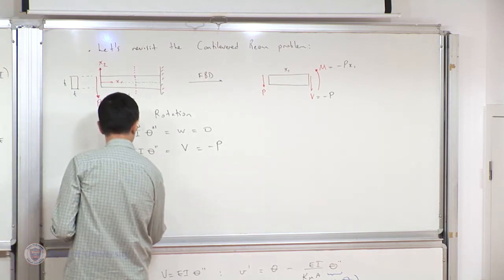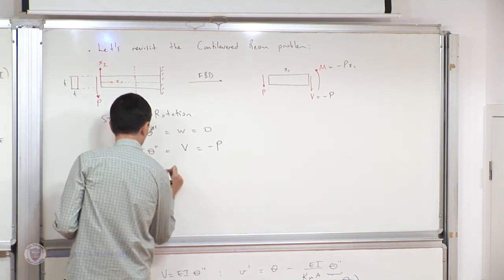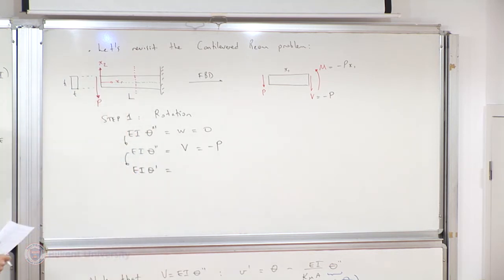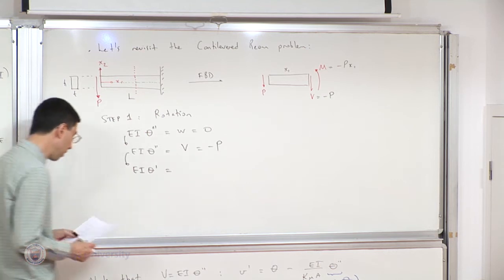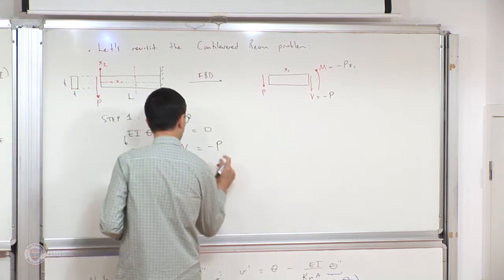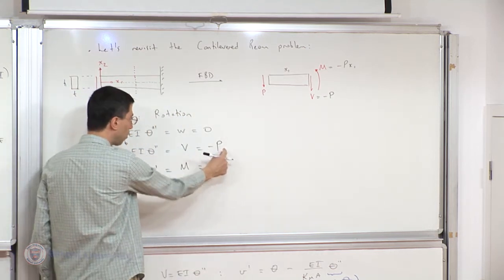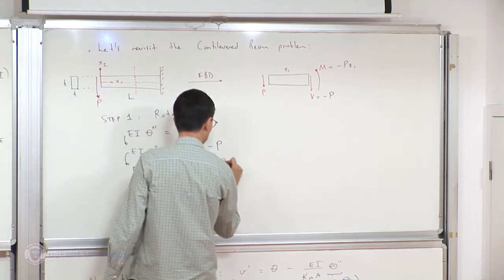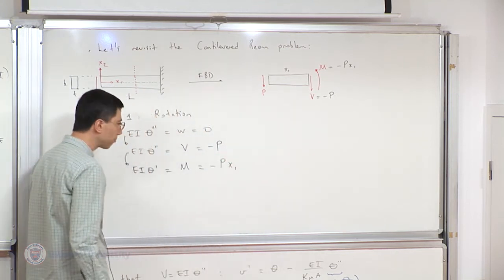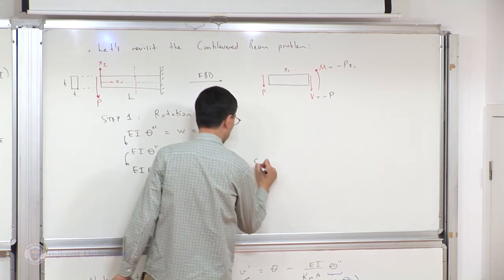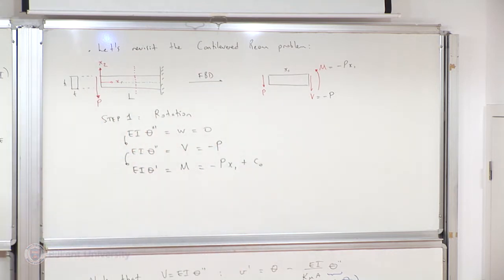So now the first serious step takes place towards theta prime. That's equal to the moment distribution. And now I am integrating towards the moment distribution. So it's minus P x1. And of course, I could always throw in a constant. Now, I'm just doing this for the sake of completeness.